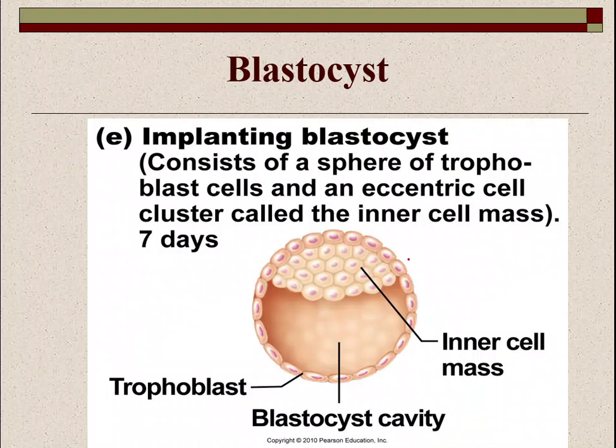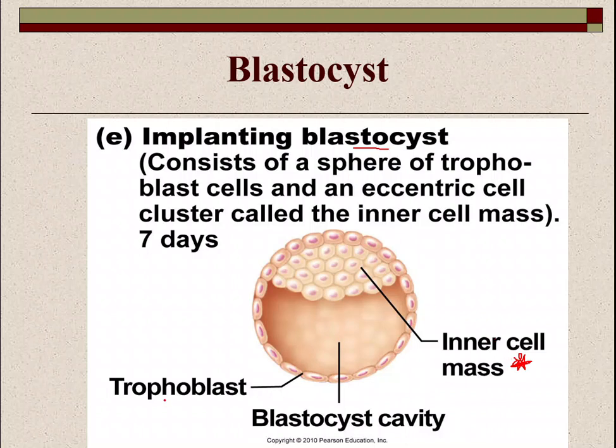So let's focus on the specific structures of the blastocyst, this implanting blastocyst. It is made of the inner cell mass. This inner cell mass is actually a cluster of small round cells. This cluster of cells will give rise to the embryonic disc that will form the future embryo.